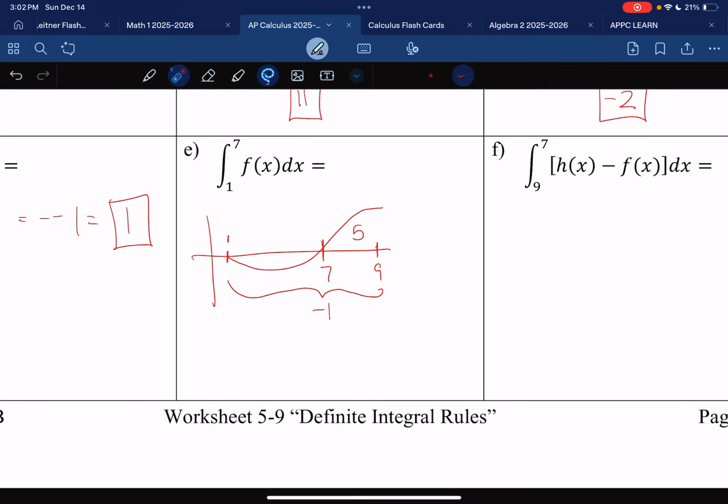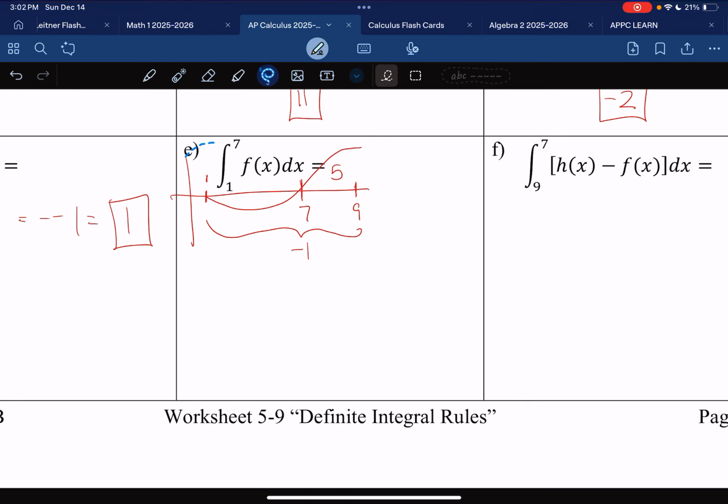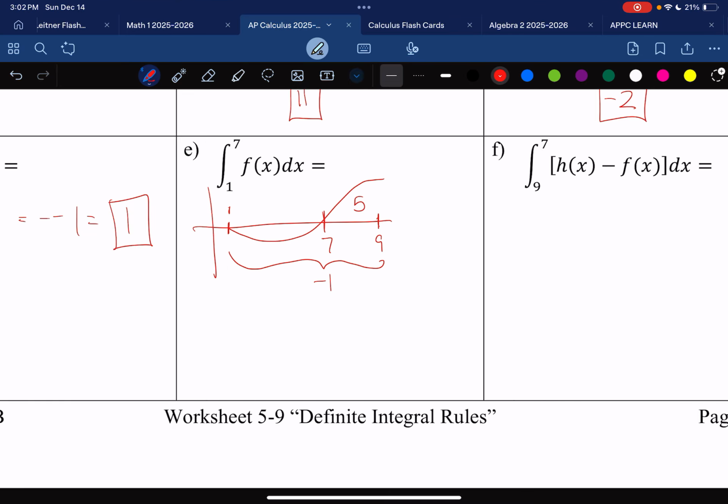But how would you do this without a picture? Making that picture is kind of hard. I can do it because I've been teaching AP Pre-Calculus or AP Calculus for a while now. But what would you guys do? You say, okay, well, I really have the integral between 1 to 9, which I think of as the big piece of f. And you have to subtract the integral between 7 and 9 of f.